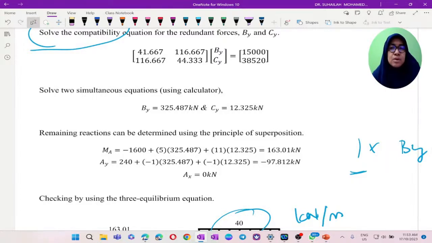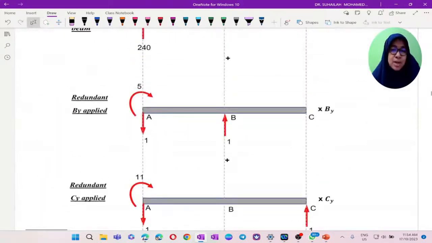Either we continue to calculate the three remaining reactions using the equilibrium equation, or another option is we can determine the three remaining reactions in the actual beam using the principle of superposition. Why can we do that?